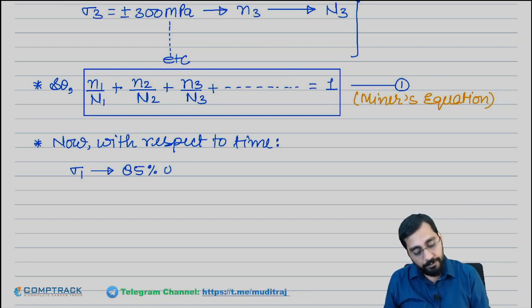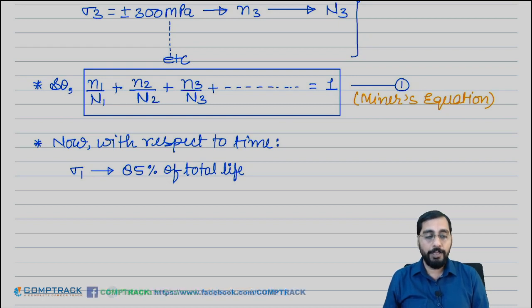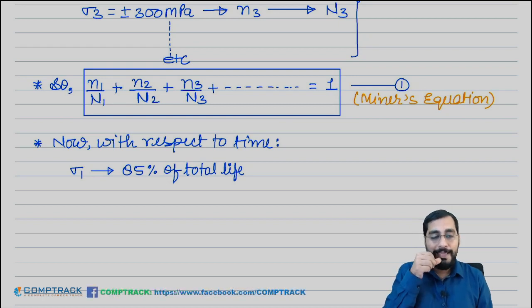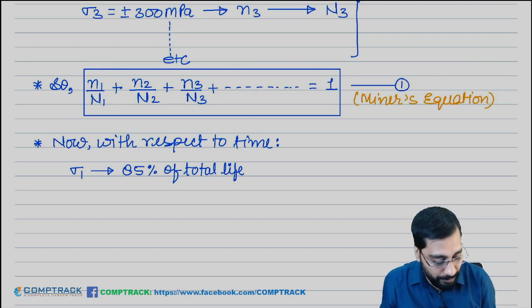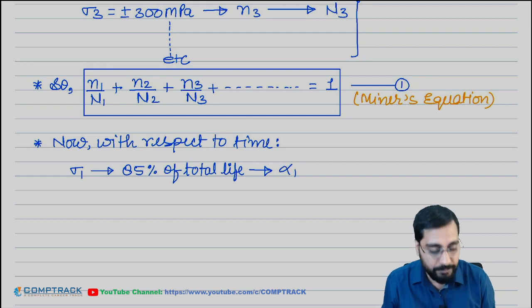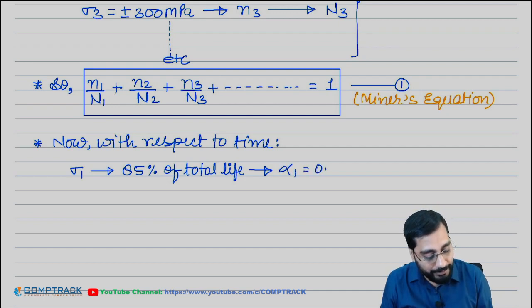So this becomes some fraction of total life. It will be considered as alpha 1. So alpha 1 will become 0.85 fraction.